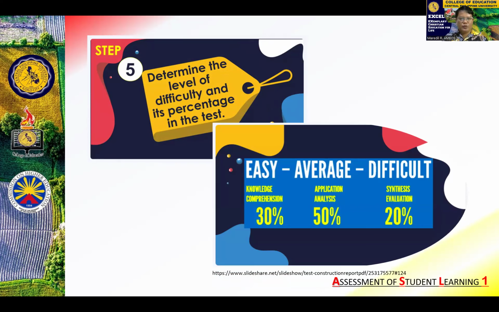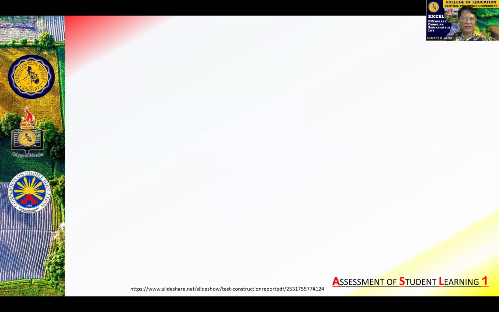For the difficult questions, you have synthesis and evaluation, which is 20%. Take note, my dear students, that when we have the test, we start with the easy one, the simple one. So, dapat doon tayo magsimula. And it comprises 30% of the test.